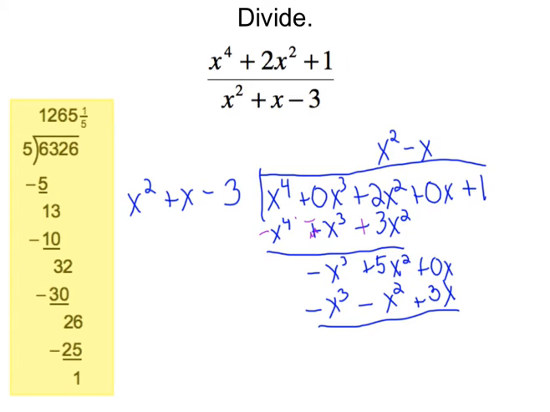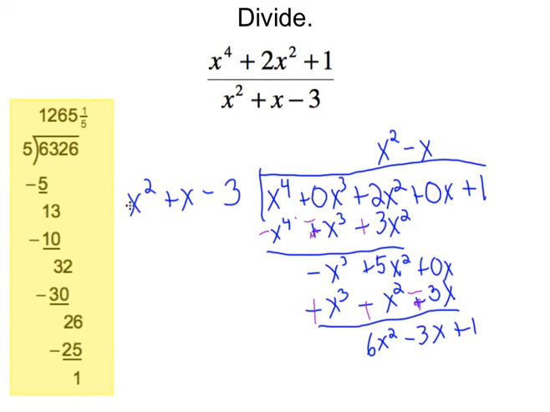So now again we're going to subtract, so we're going to change the signs and add. And this one here becomes a negative. And we'll add through. The x to the thirds cancel out. I end up with 6x squared minus 3x. And now again, we're going to bring down the 1, and we're going to repeat the process.